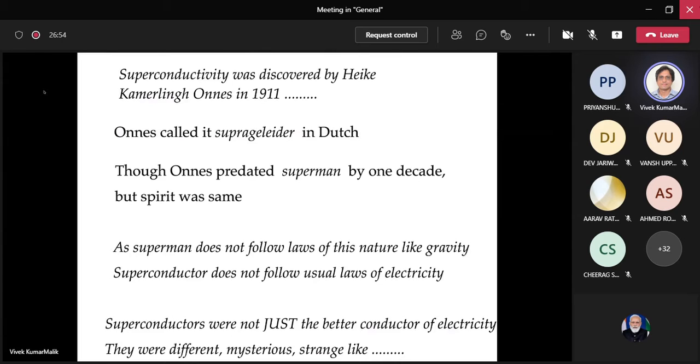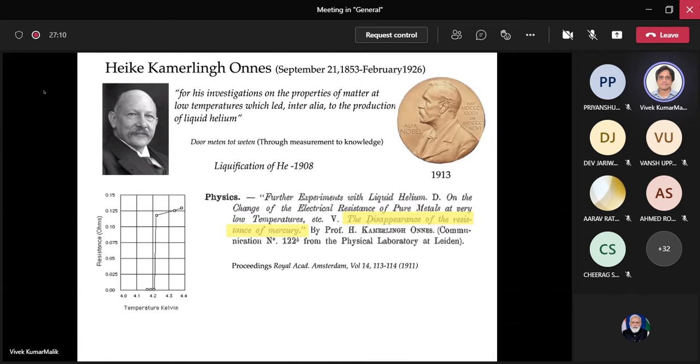So superconductors were not just a better conductor of electricity; they were completely different, out of this world, mysterious, strange, like Superman. So superconductors are actually the Superman in the family of conductors. Now, Onnes received the Nobel Prize in 1913, 2 years after this discovery, for his investigations on the properties of matter.